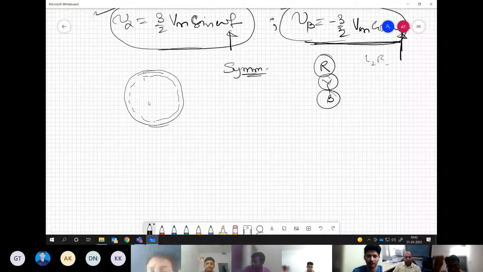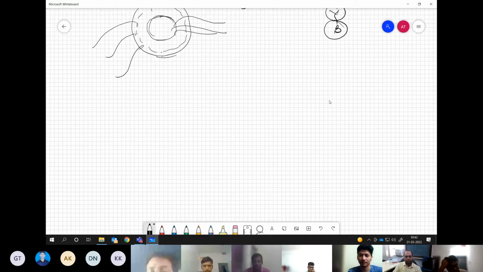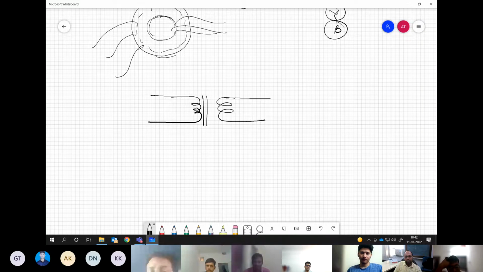So typically when we talk about a wound rotor induction motor, a generic structure, we have three-phase supply given to the stator and three-phase supply given to the rotor. So altogether this forms a dynamic transformer, which is basically rotating. You have the primary winding and the secondary winding, and for simplicity let us take a 1:1 ratio for the number of turns.